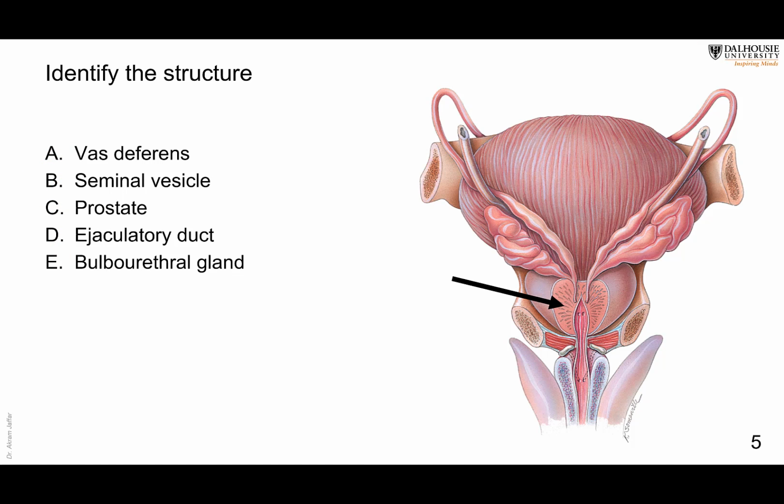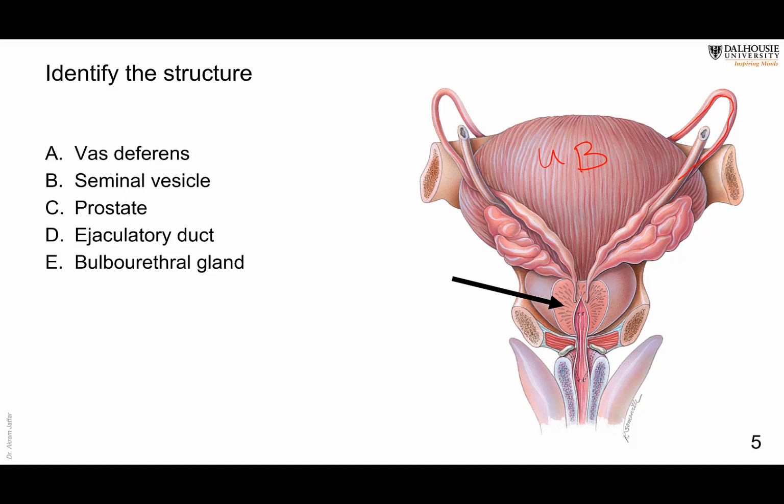Identify the structure. This is a posterior view of the male internal genital organs. This is again the urinary bladder from behind. These tubes are the muscular tubes that represent the vas or the ductus deferens.